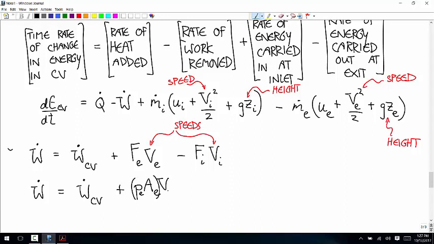That's the force times that speed. And at the inlet, it's the pressure at the inlet times the cross-sectional area at the inlet, times the speed at the inlet. So now we can rewrite all this.